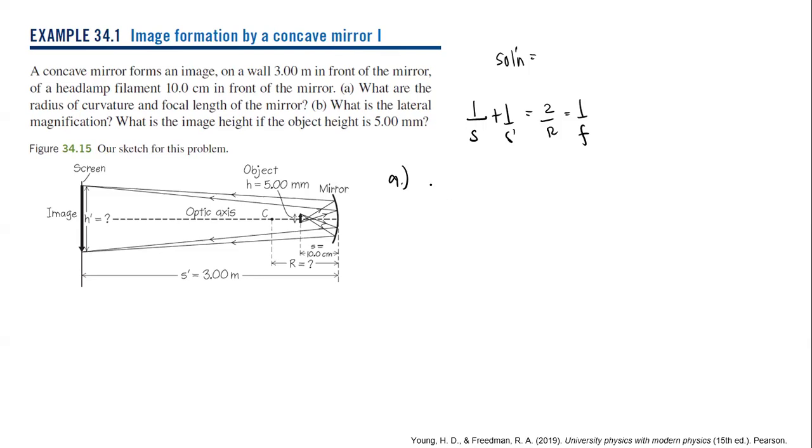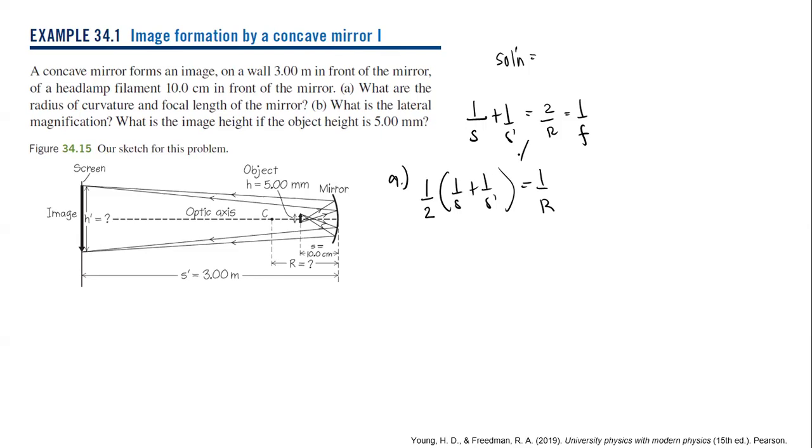Okay. So, to get R first, how to get R? We rearrange. 2 times 1 over s plus 1 over s' is equal to 1 over R, I mean, one half.